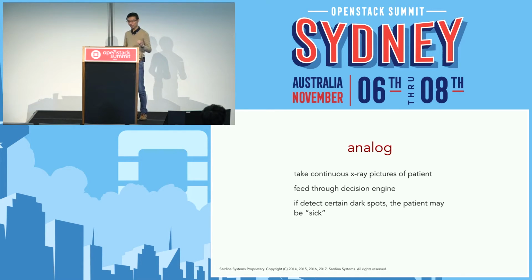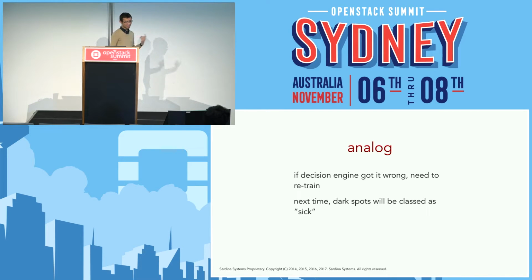So, for example, you detect certain dark spots, and you consider that to be sick. But note that for the decision engine, it doesn't care whether the picture is a picture of the patient's chest or combination of head and foot. It doesn't matter. And if the decision engine gets it wrong, you need to be able to retrain it. So the next time, dark spots could be flagged as the alternate state, whether it's from healthy to sickness, or vice versa.